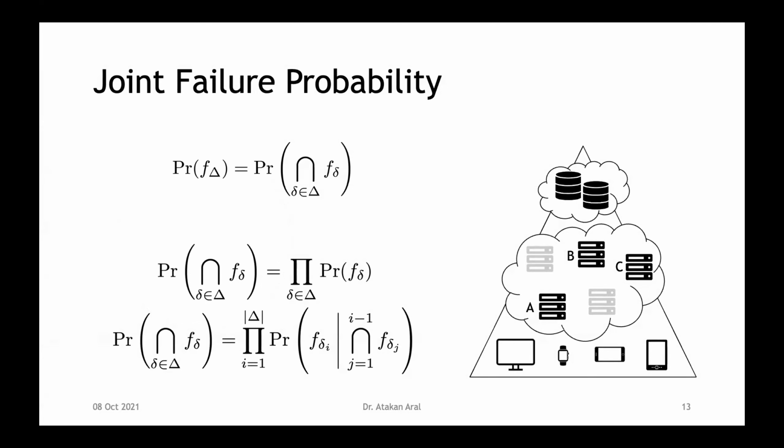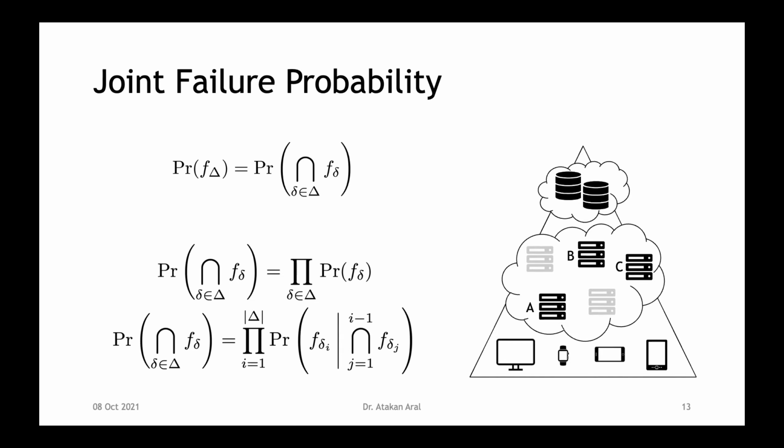But another extreme way of solving this problem, you can just assume that all components are dependent on all others. So a completely connected dependency graph. Everything is dependent on each other. This is very computationally complex, because you have to compute the probability of each node given the probability of all other nodes. And then you have to calculate 2 to the power of the cardinality of delta.